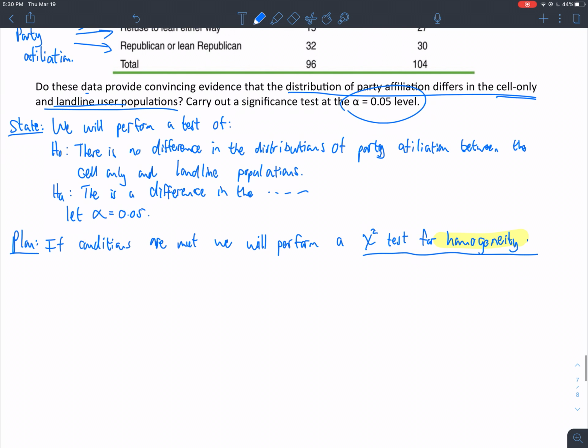All right, so there's that, and then random. The data come from separate random samples.